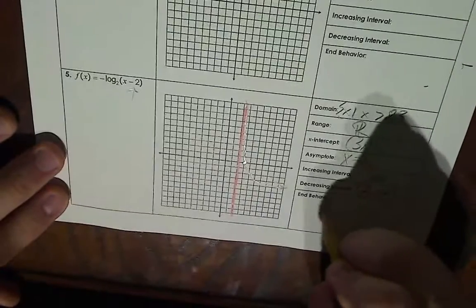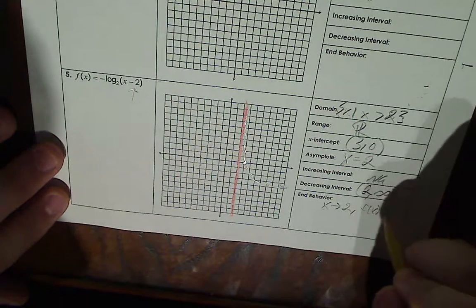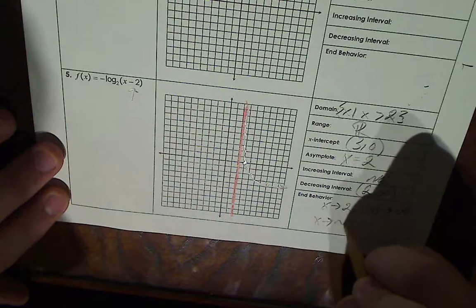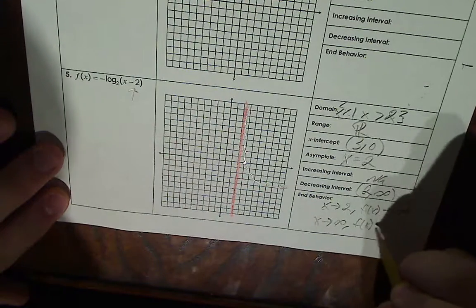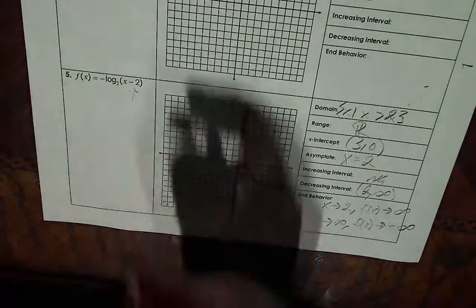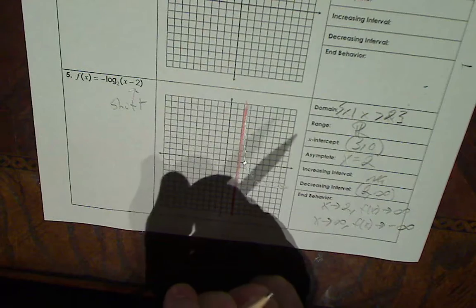And then my end behavior is going to change a little bit too, so that as x approaches 2, my f of x is approaching positive infinity. As x approaches positive infinity, my f of x is approaching negative infinity. Kind of like that. So that little shift is going to do that.